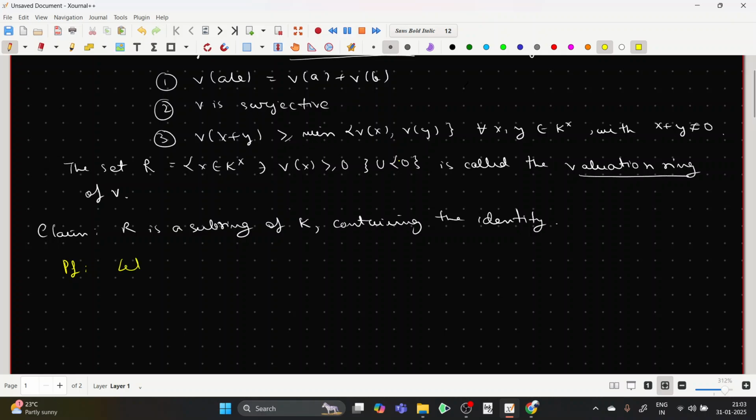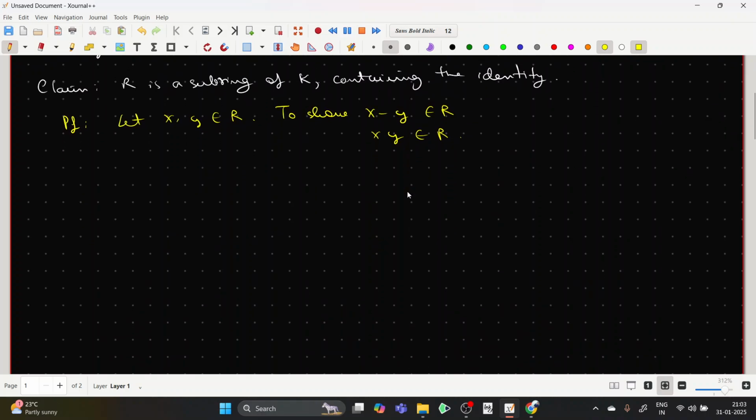Let x, y come from R. To show that x minus y comes from R and xy comes from R, what we in the background need to show is that if I choose an element from R, then its negative, or its additive inverse, is also in R. So to do that, first we prove a set of statements.